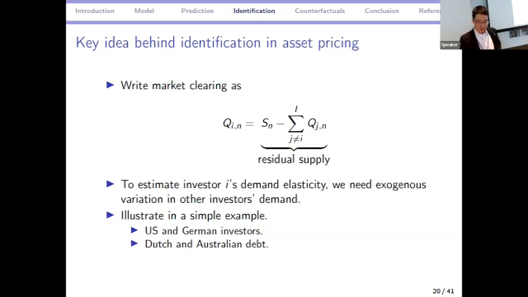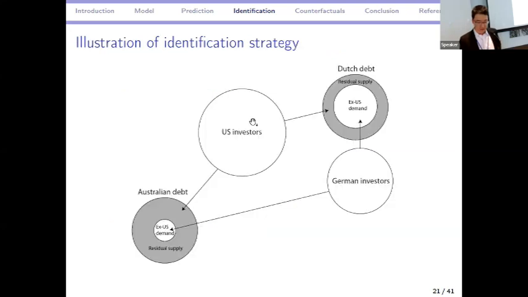So I'm going to illustrate with a super simple example how this would work. Consider a world in which there are US and German investors, and there are Dutch and Australian debt. This is how I want to illustrate it. There are US investors investing in Dutch debt and Australian debt, and there are German investors investing in, again, Dutch and Australian debt.